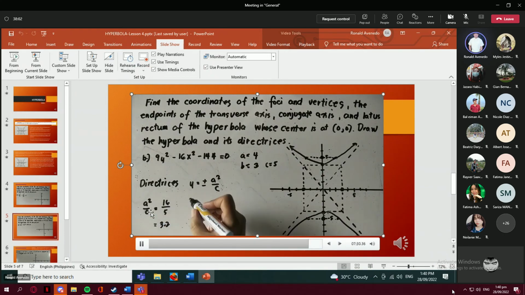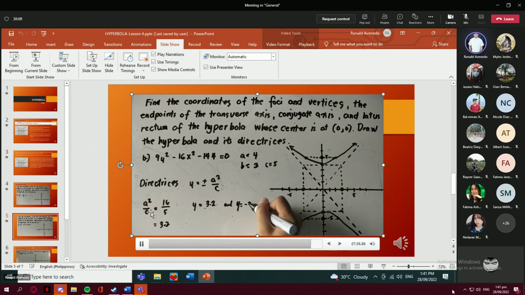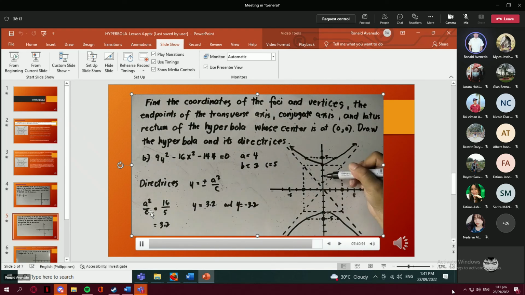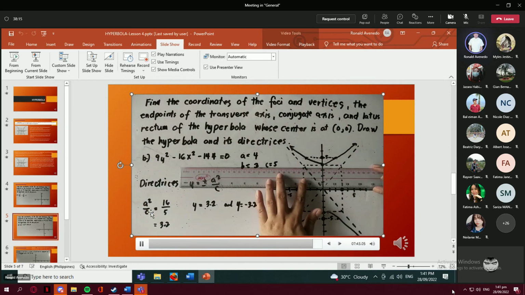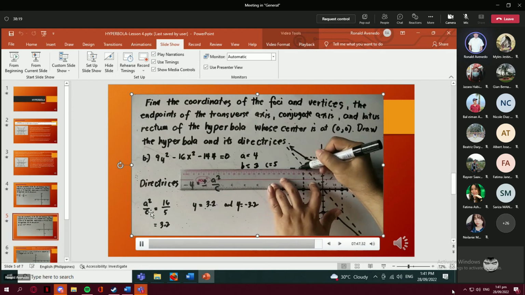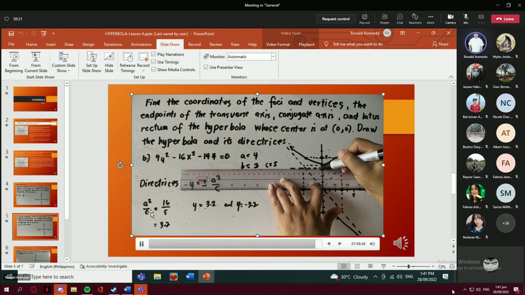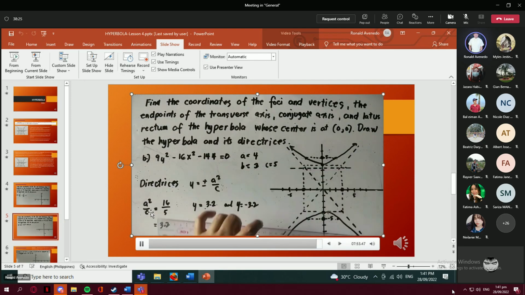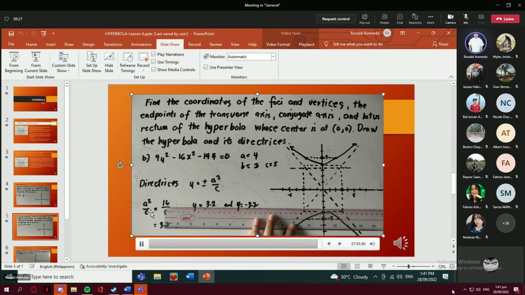So therefore, the equations are y is equal to 3.2 and y is equal to negative 3.2. So y is 3.2: 1, 2, 3, lampas konti sa 3. Then negative 3.2, lampas konti sa negative 3.